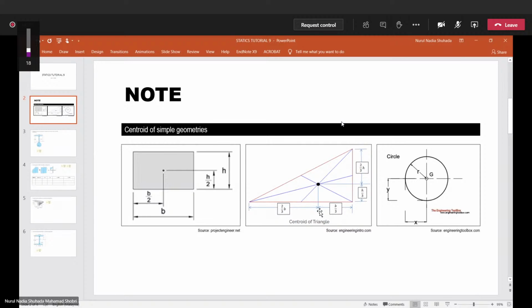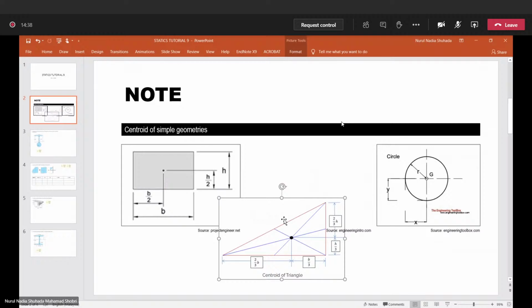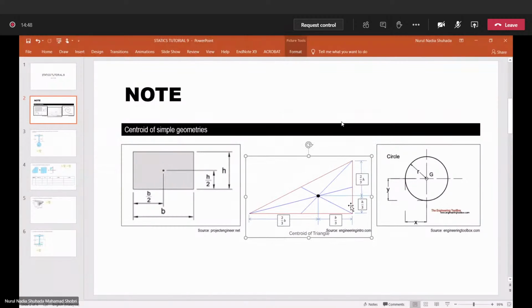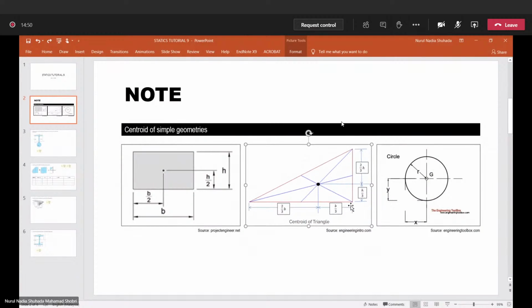And for the triangle, it is a bit tricky, but you just need to know on which side the centroid should be. The centroid should be closer to the 90-degree angle, because the value depends heavily on the location of the centroid.